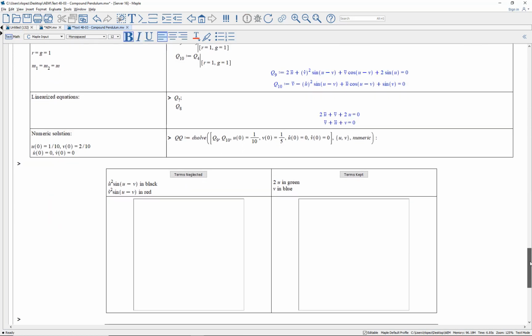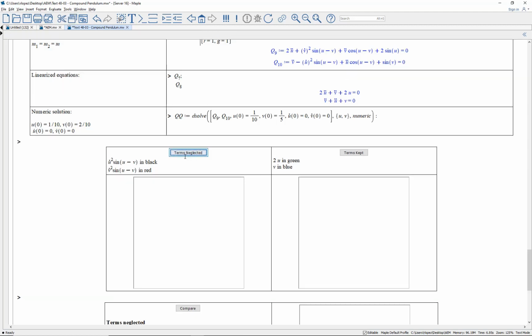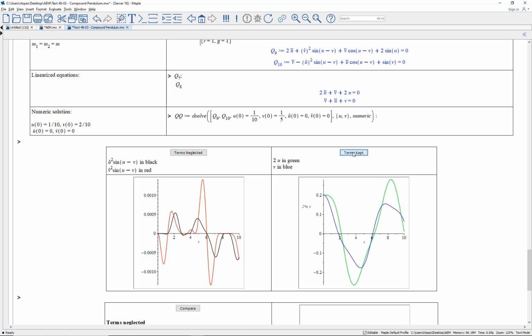And what I want to look at is, is the assumption that we make in linearization valid? Are there some terms that are small in comparison to terms that are kept? So these are the terms that are neglected. I've drawn that. Look at the scale. These are the terms that are kept. Look at the scale.